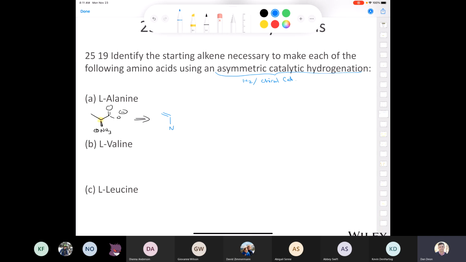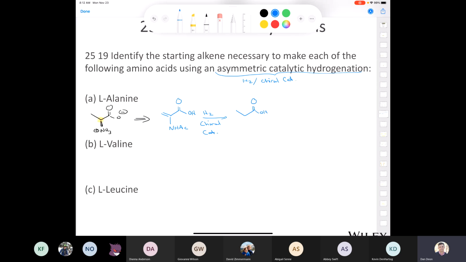Then we don't have a chiral center here, and so we're going to have something that looks like this. And then we have an acetyl group on the nitrogen. So the first step in asymmetric catalytic hydrogenation is to treat it with hydrogen and the chiral catalyst, okay, which is a BINAP complex to a ruthenium.